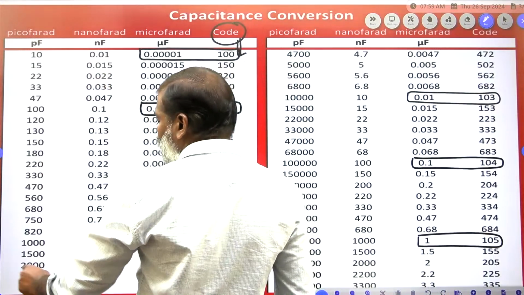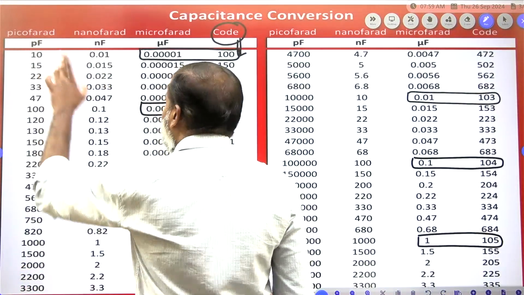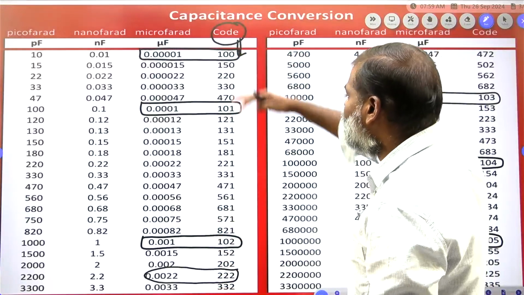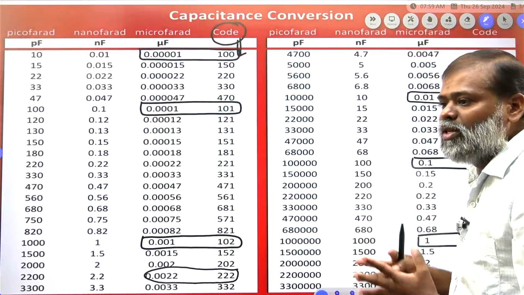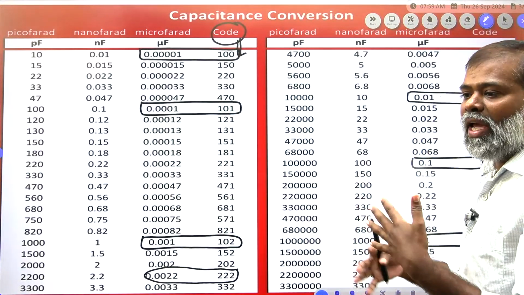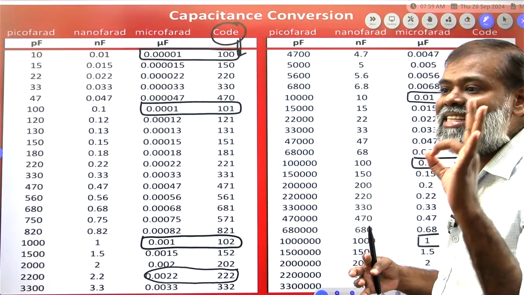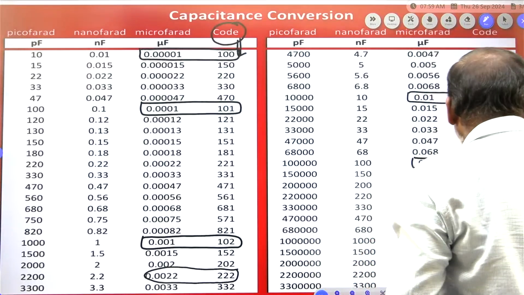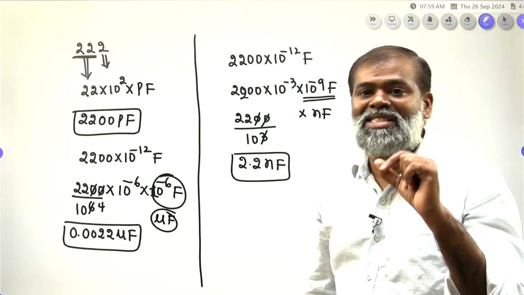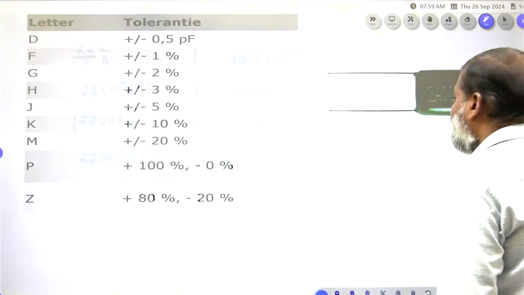In terms of picofarad, 2200 picofarad. This is the chart. If you are unable to remember all these things, follow this procedure and you will get it easily. This is very important to calculate the capacitor number codes. Capacitor number code calculation. Clear?